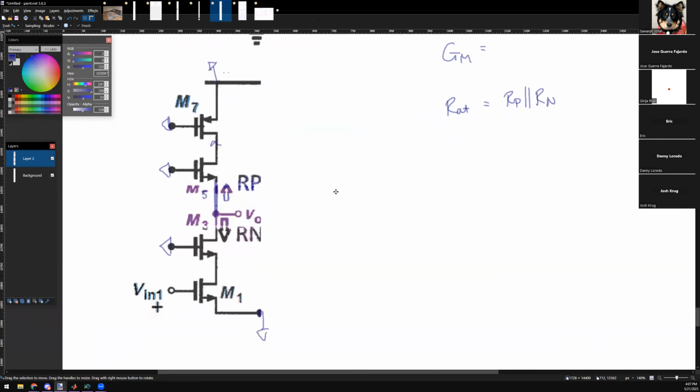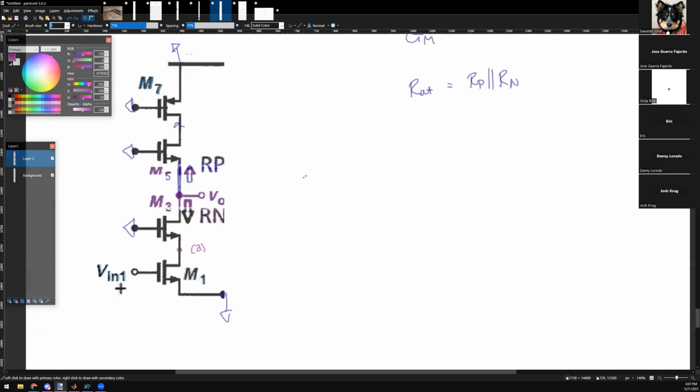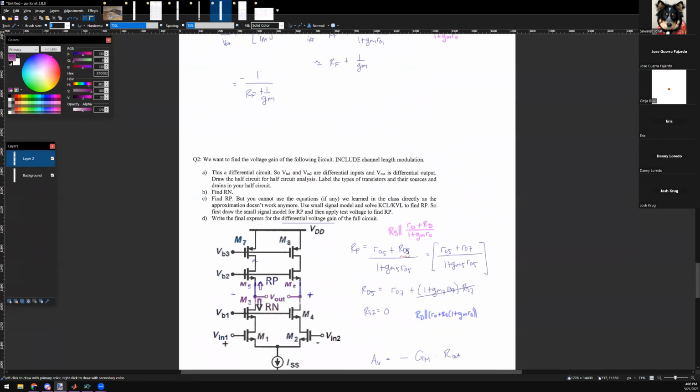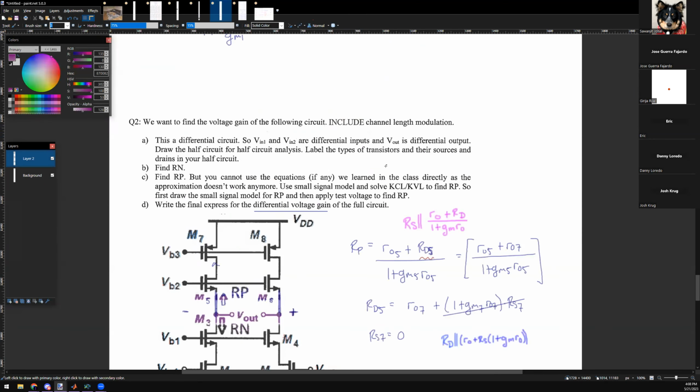Okay, my way. So I need to draw steps. Remember, A is for apple. And then you have V out. So first I have this guy, and then I Spider-Man swing up. So I have two stages. I have one common source on one. This guy is going to be equal to negative GM1 R naught 1. Do I assume R naught? Okay, yes.